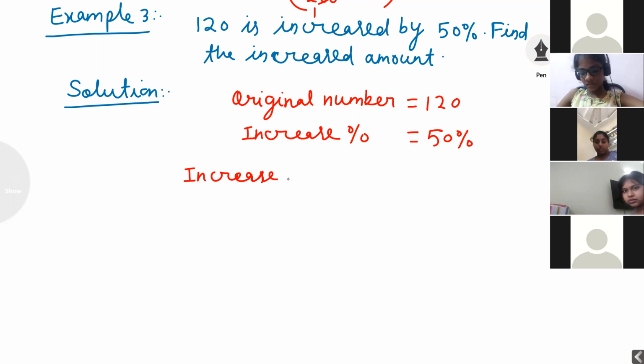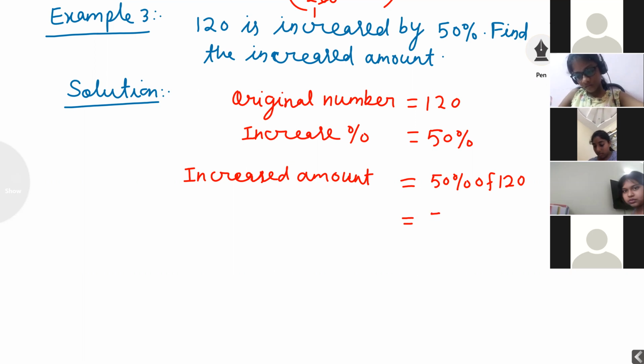Increased amount is equal to increased percentage of original number, means 50% of 120. 50% means 50 by 100, of means into 120. 10 and 10 cancel, this 0 cancel, 5 into 12.